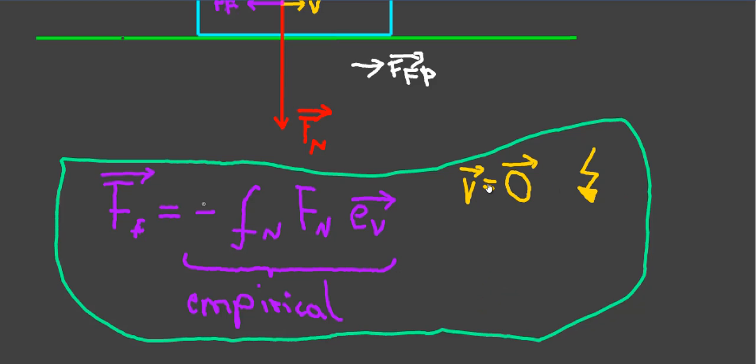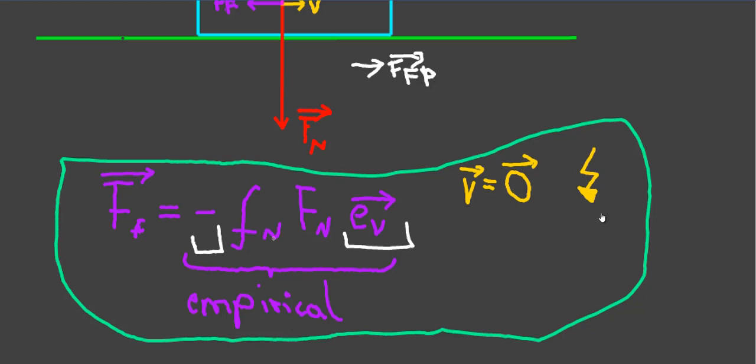So what else is there? Otherwise there are two additional things here that we need to describe this force, which is this minus and this e_v vector, whatever that is. Well, I can tell you that's actually the unit vector of our velocity. What does that mean? This is nothing else but the direction of our velocity.